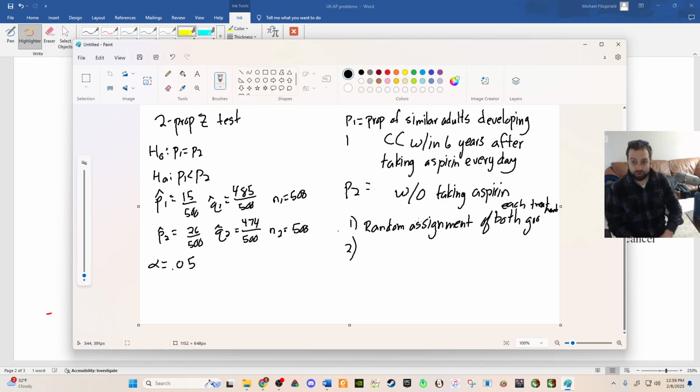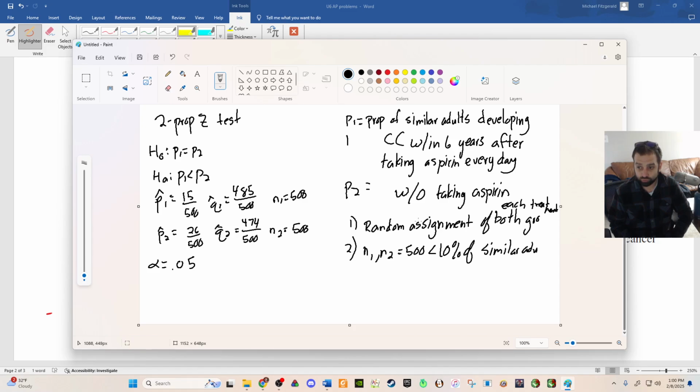Our sample sizes are both 500. It's definitely less than 10% of similar adults who may or may not take aspirin every day.